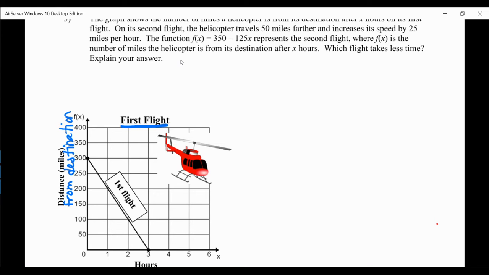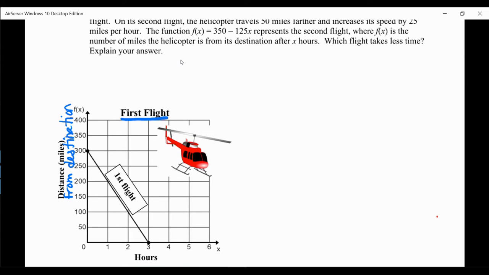As the time increases, the distance from the destination is decreasing. You're just getting closer to where you're going. So we want to look at when the distance is 0, meaning you're there, and it took 3 hours for the first flight to reach its destination.